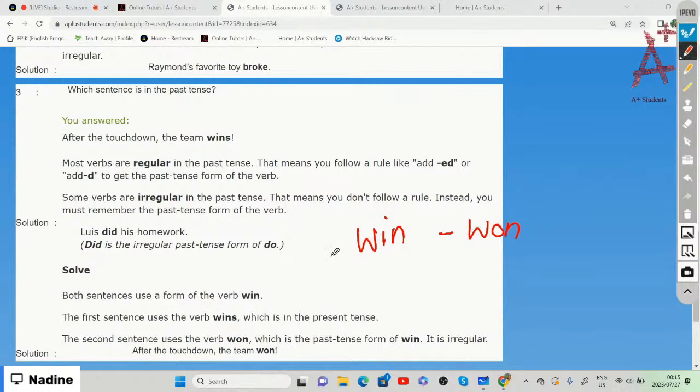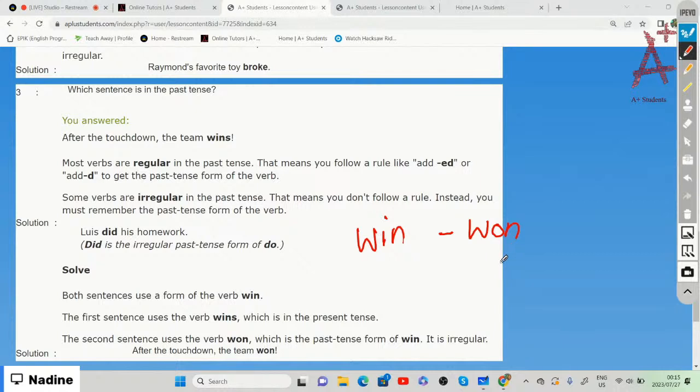So not winded, no. It is from win to the past tense form of won. And once again, irregular past tense forms do not have any rules that you need to follow. Instead, you must remember the past tense form of the verb.